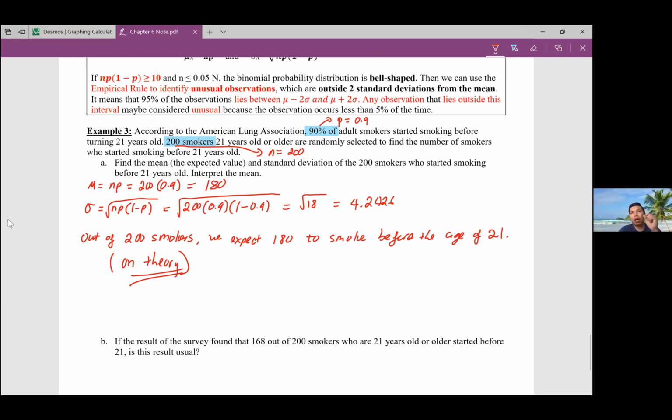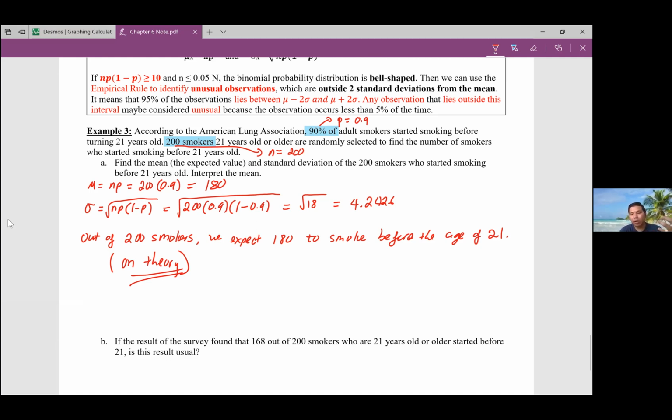I'm going to go out there and ask 200 people to see how many actually smoke before they turn 21. Before you go out there, you should have an expectation, and that's when you find the mean. So after you find the mean, you say, okay, now I have the expectation that roughly 180 of them will answer, yes, I smoked before the age of 21. That's what you're expecting, right?